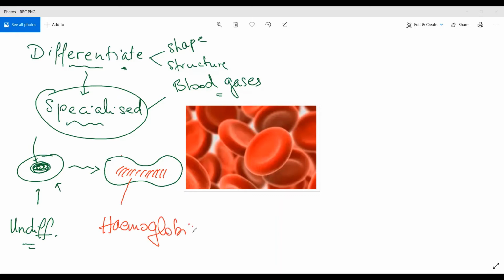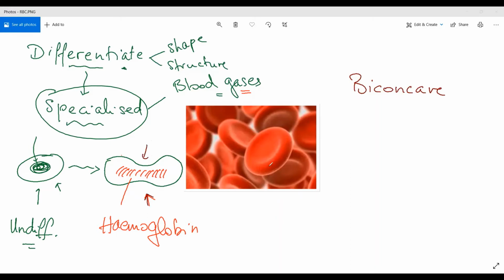So what is this hemoglobin? It is the pigment that carries oxygen and also carries carbon dioxide. It carries the blood gases. If you look at this shape from the side, we say that it is a biconcave cell, because it has concavity from here and from here.